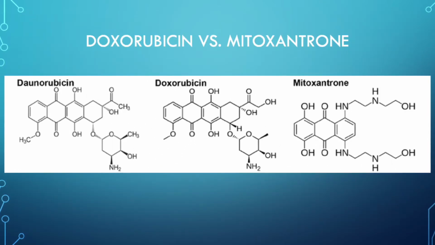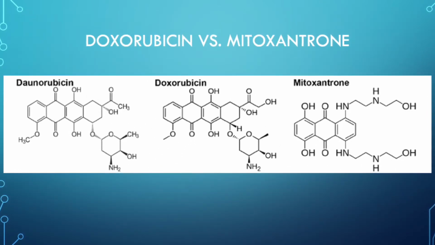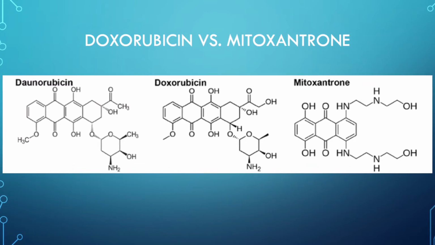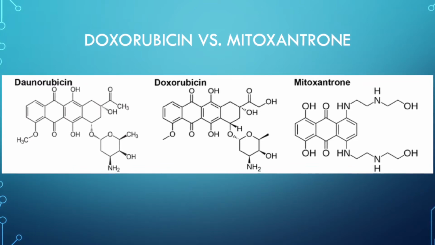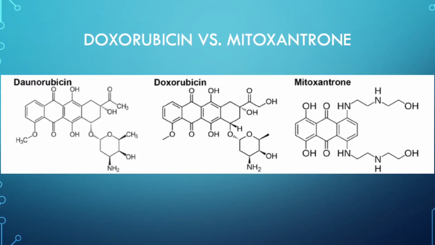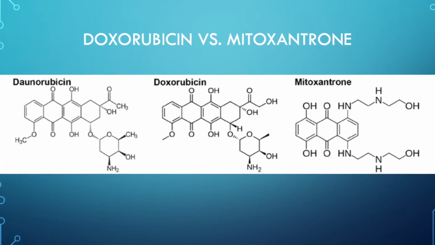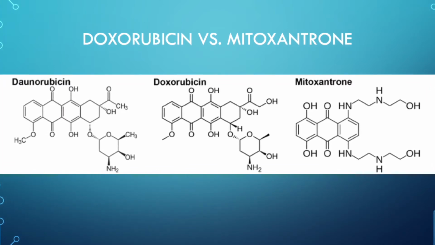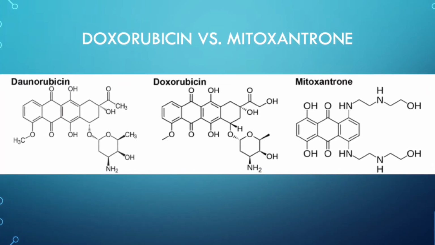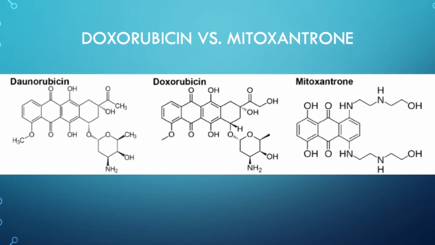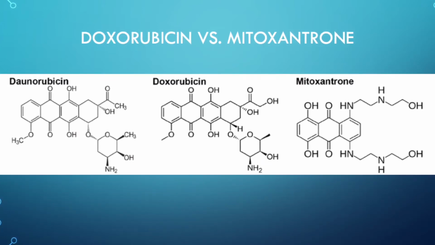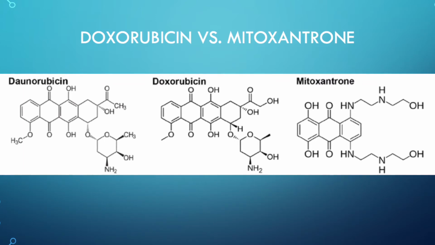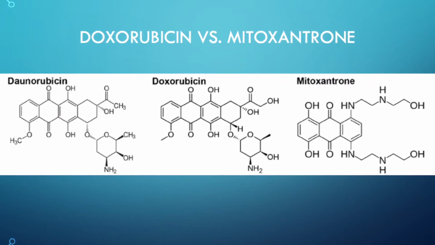But the question is, why was mitoxantrone synthesized from doxorubicin in the first place? Mitoxantrone has such a similar mechanism to doxorubicin, but exhibits way less cardiotoxicity in patients taking this medication. Cardiotoxicity is actually one of the main side effects experienced from these anthracyclines.